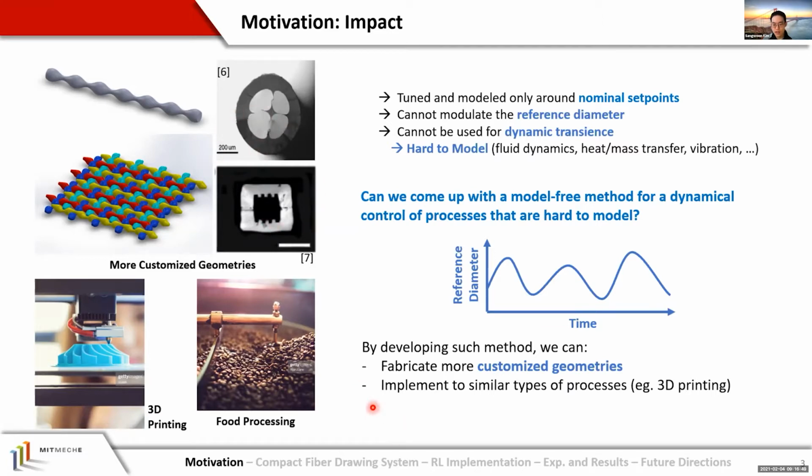One other point that I would like to emphasize is that this method can also be implemented in other similar types of processes. The same framework can easily be extended to other processes like 3D printing, food processing, or maybe chemical engineering.